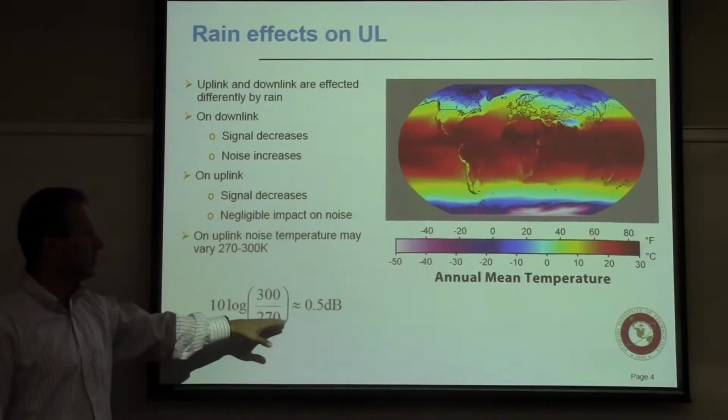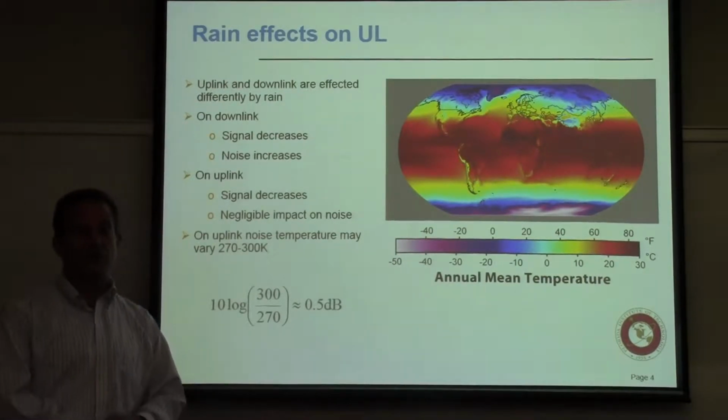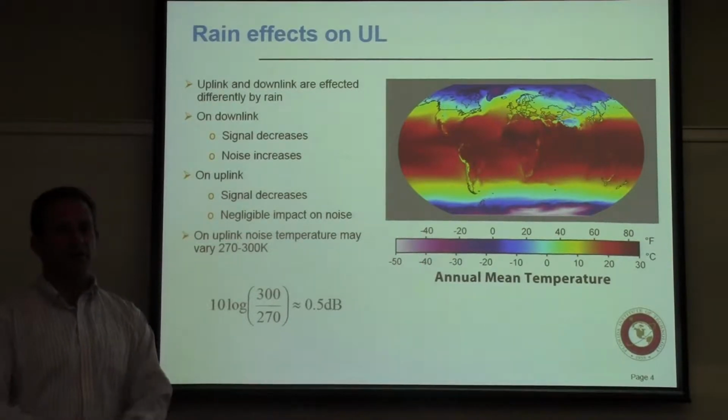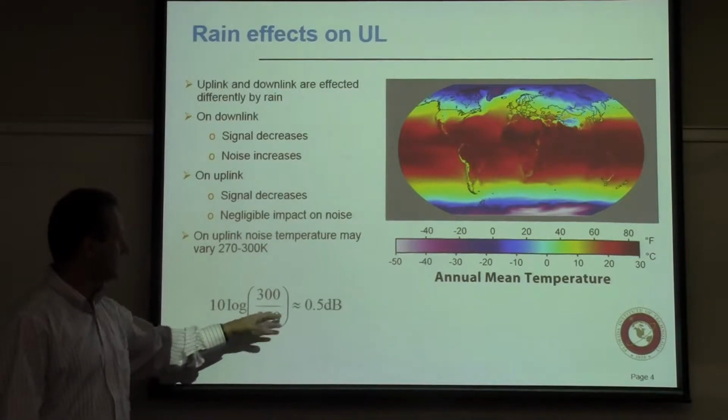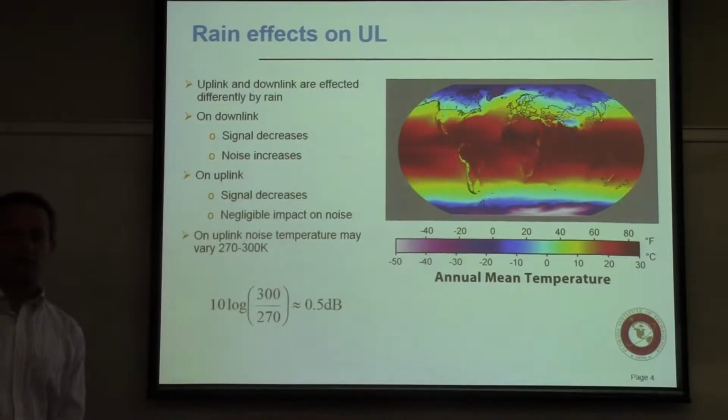So you're talking about less than 1 dB variations in the temperature. And for the problems that we are dealing with here, we just pick one of these numbers and do the calculations. Whichever one you pick, the difference is not going to be big.